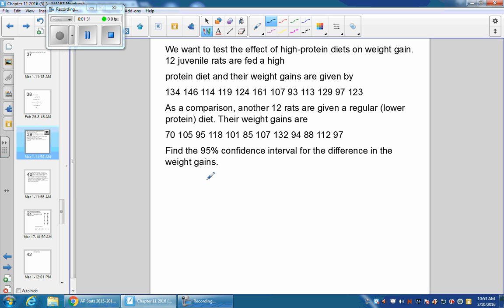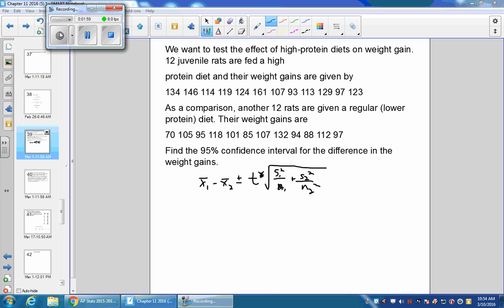What we want to do is subtract our means, add and subtract our, since we don't know our population standard deviation, that would be a t, and then we're going to multiply that by the square root of the standard deviation of the first one squared over n1 plus standard deviation of the second one squared over n2.